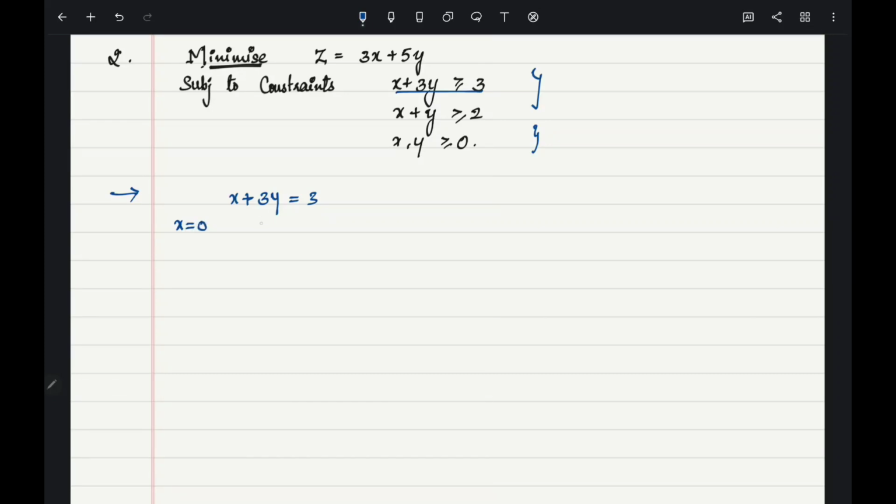For x is equal to 0, we will get 0 plus 3y is equal to 3. So the y value we will get as 1. If I give y is equal to 0, we will get x is equal to 3. So the solution box we will get as x and y: if x is equal to 0, y will be 1. If y is equal to 0, x will be 3.